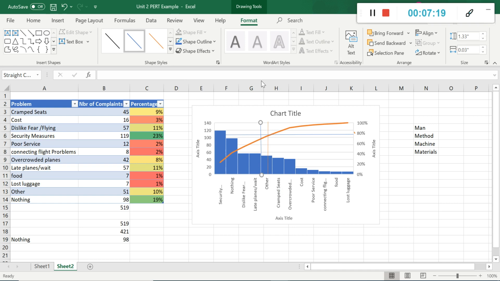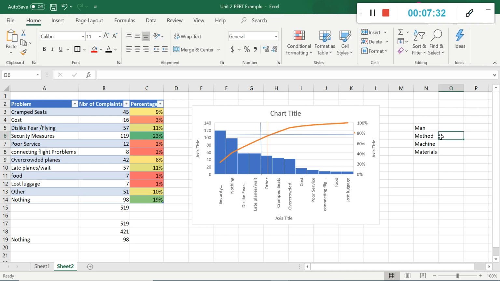So in this case, let's look at security. Security measures is not about security personnel. Security measures is part of the method. Then dislike or fear of flying.